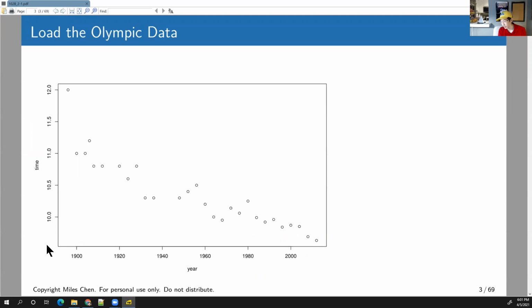In Friday's lecture, we ended by saying we can try out these models to get a nonlinear response. We fit several polynomial models to the Olympic data, where we're looking at the winning race time for the 100-meter foot race.